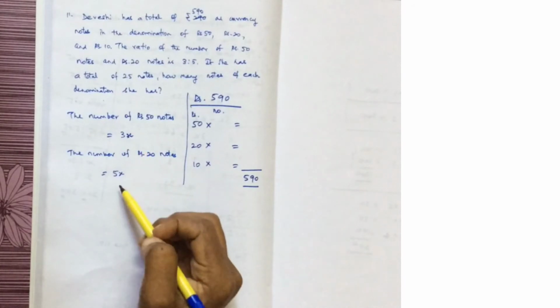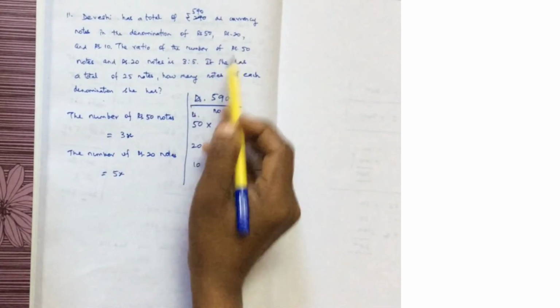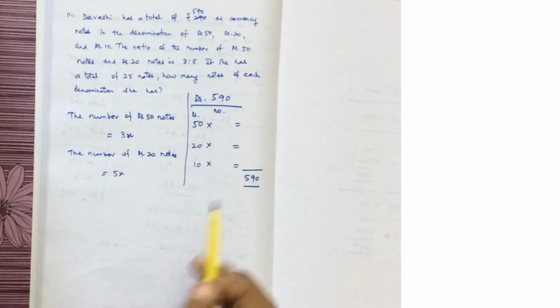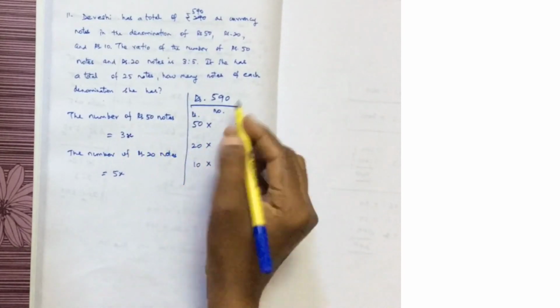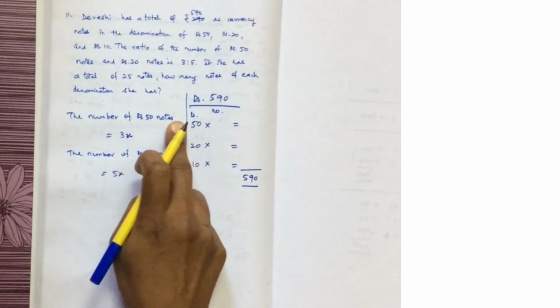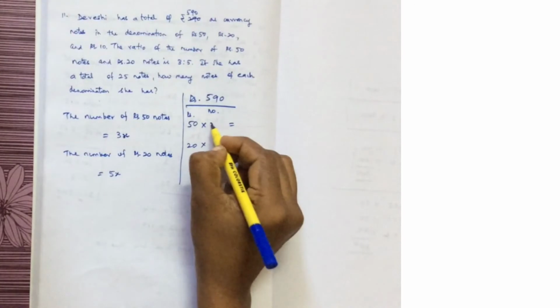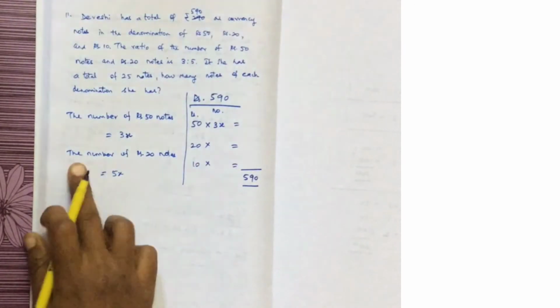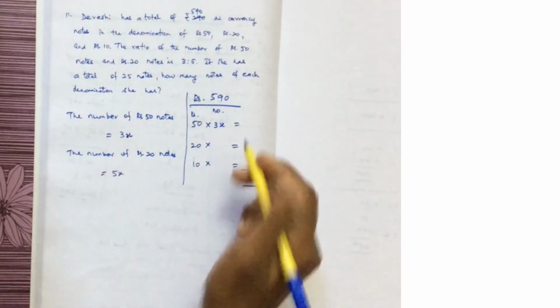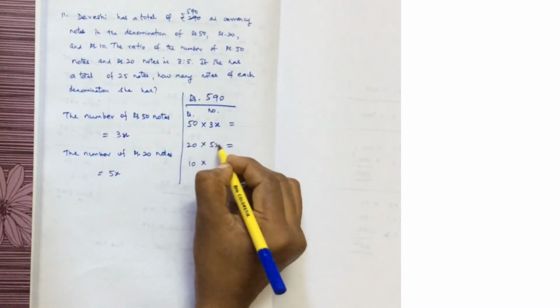Let me keep it as x. The number of 50 rupee notes is 3x, so here it is 3x. The number of 20 rupee notes is 5x, and here it is 5x.